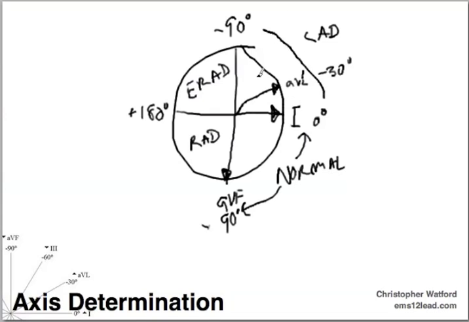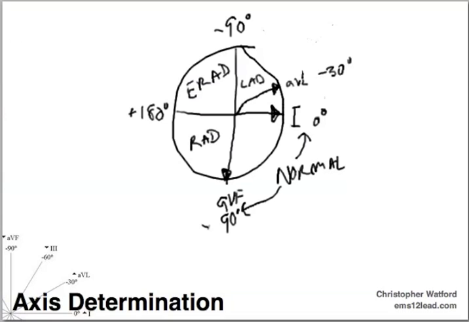And the left axis deviation we worry about is here from negative 30 to negative 90. So we can go ahead and fix this up so that we know our normal axis extends from negative 30 to positive 90.